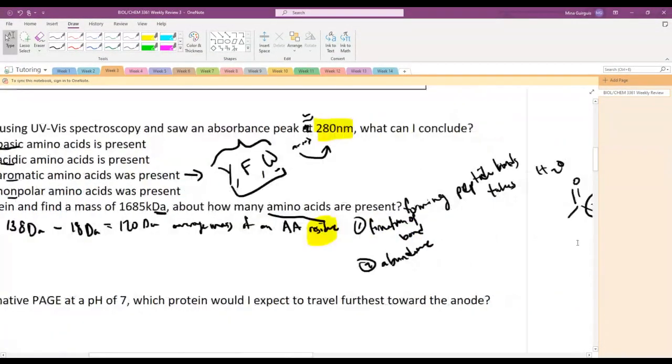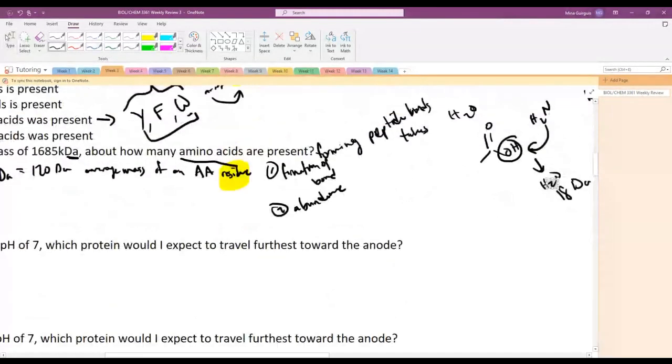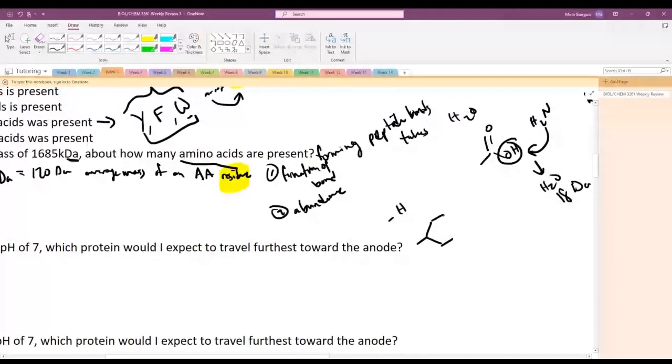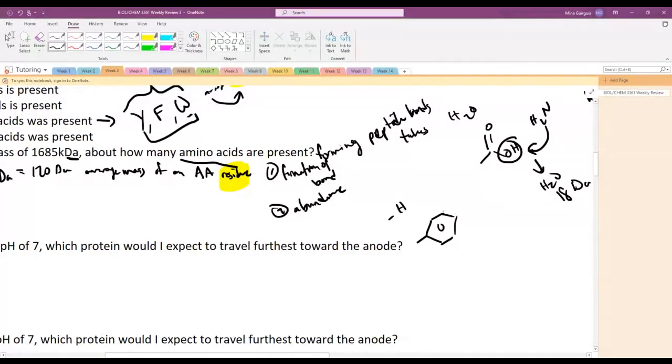The mass of our amino acids can range from something like glycine, whose R group is a hydrogen, to something like tryptophan, whose R group looks something like this, and anywhere in between, right? When we think about it as this amino acid has this molar mass, this amino acid has this molar mass, add them all together, divided by the number of amino acids, we get that 138 number.